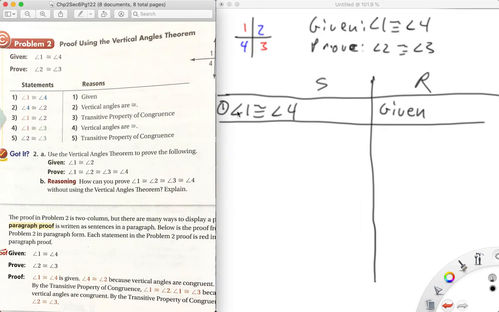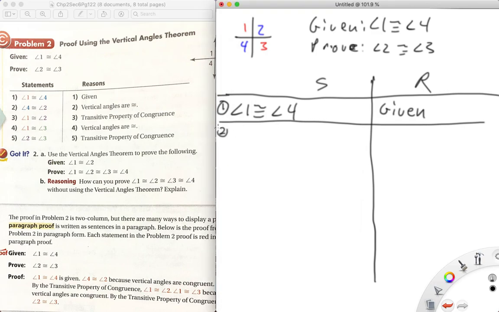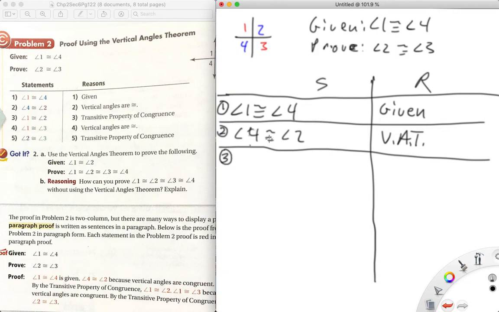Alright, 1 is congruent to 4. Given. Step number 2. 4 is congruent to 2. Why? Vertical angles theorem.